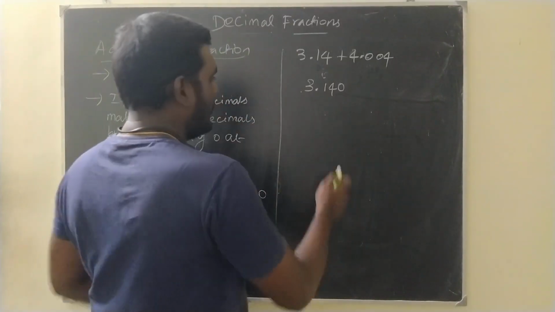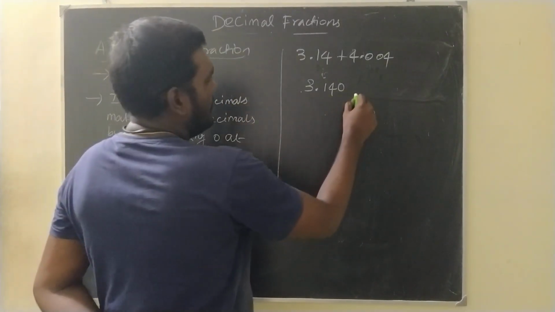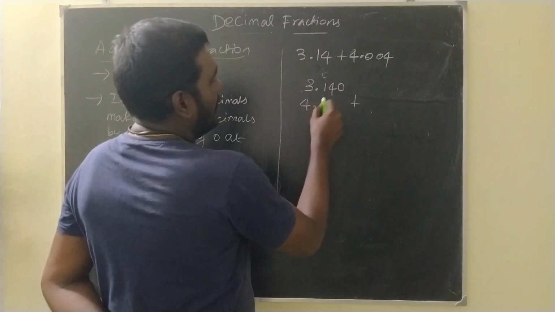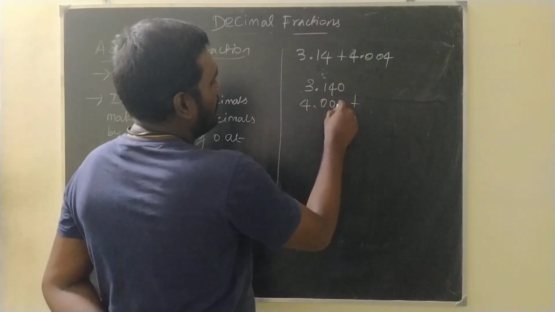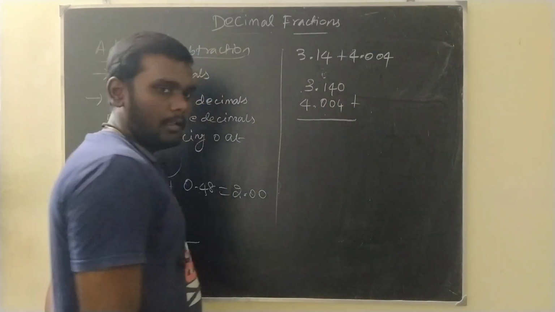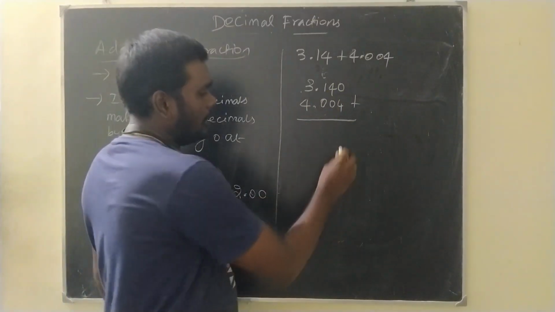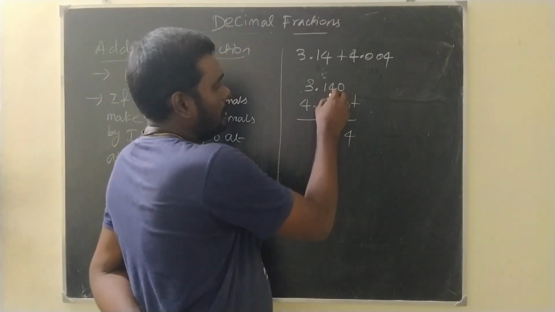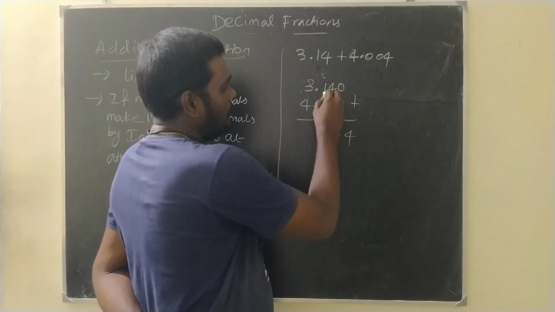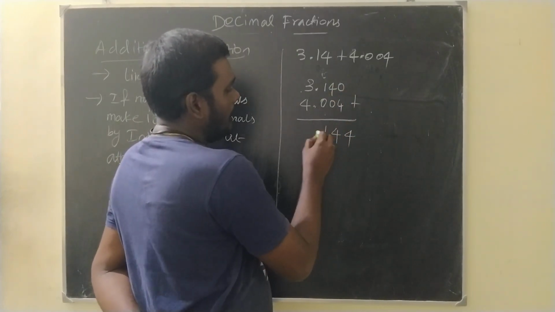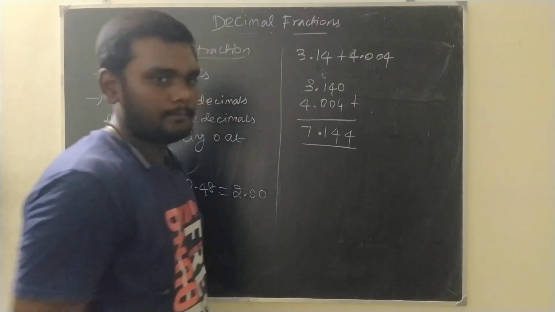The same way, plus 4 point, and the corresponding places 0, 0, 4. Then these two can be added. 0 plus 4 is 4, 4 plus 0 is 4, 1 plus 0 is 1, 3 plus 4 is 7. That is our answer, 7.144.